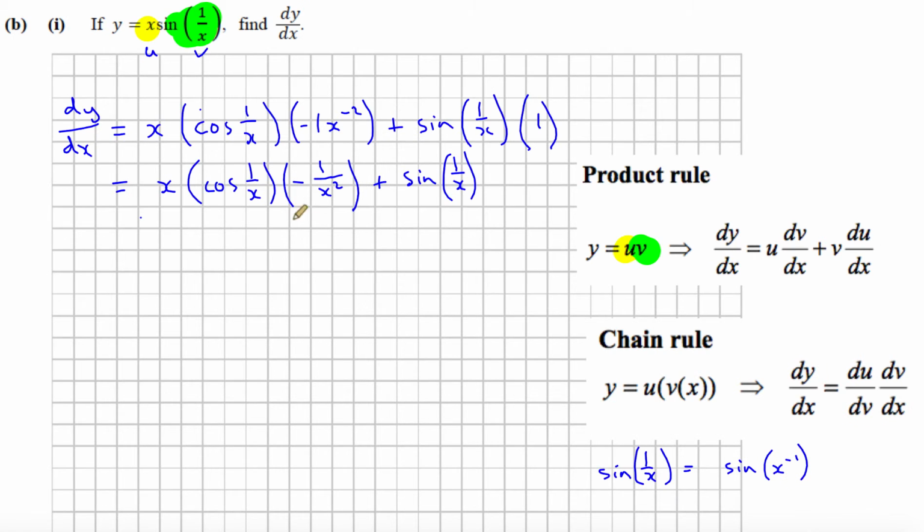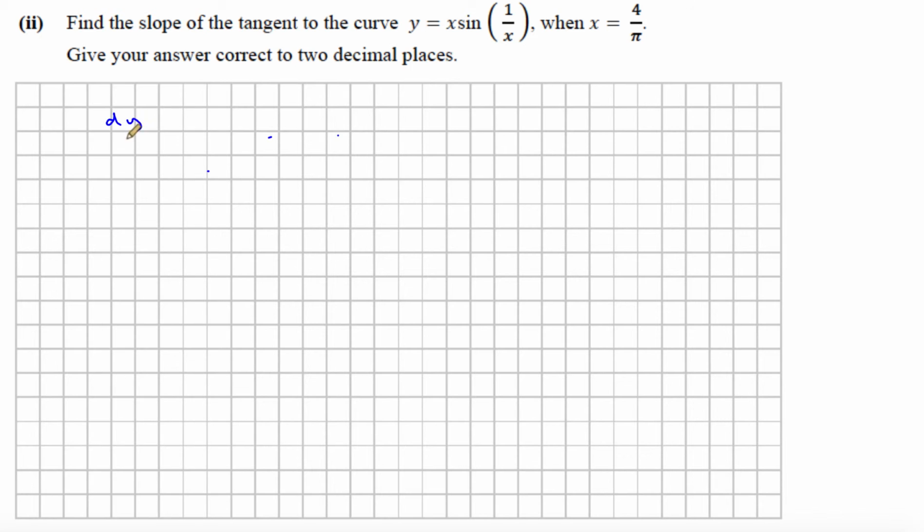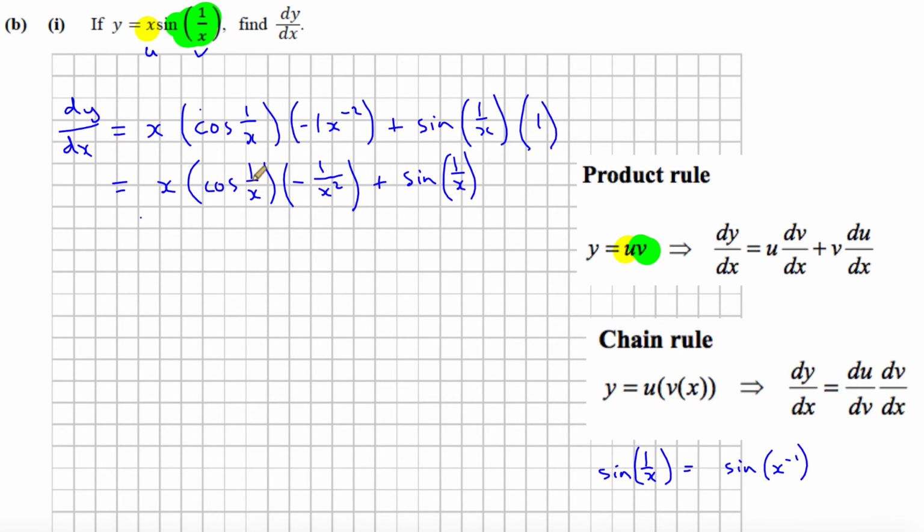I'm just going to rewrite this here again. So dy/dx is equal to x of cos of 1 over x by minus 1 over x squared. Sorry, just to go back here, I think this can actually simplify a bit more.